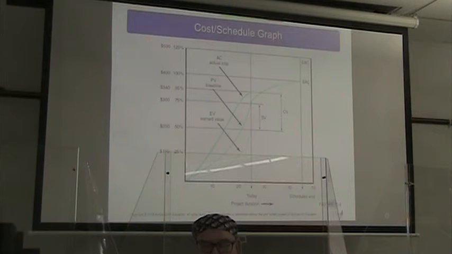And our dotted line is our earned value. All right, so the difference between our actual cost and our earned value is our cost variance. And right now, we are not looking good in this regard. Our difference between our planned value and our earned value is our schedule variance.